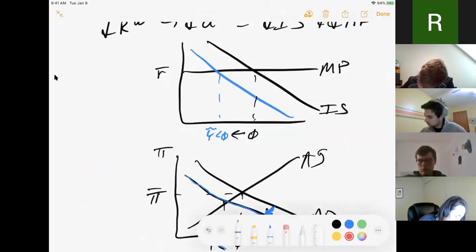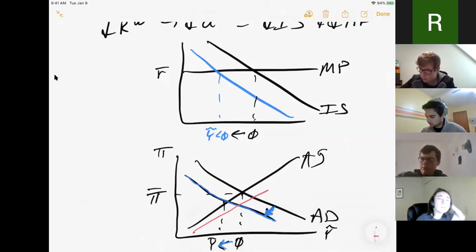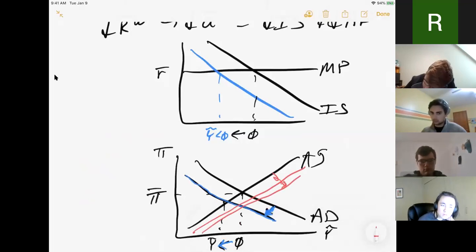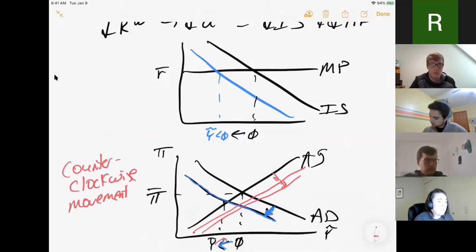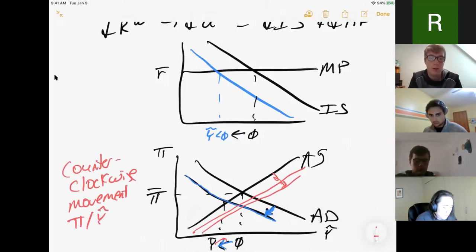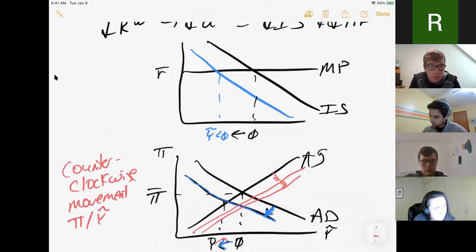And then, of course, we won't go into this now, but remember, over time, aggregate supply is going to shift back to move us back towards zero. But this starts off the whole counterclockwise movement between inflation and short run output.